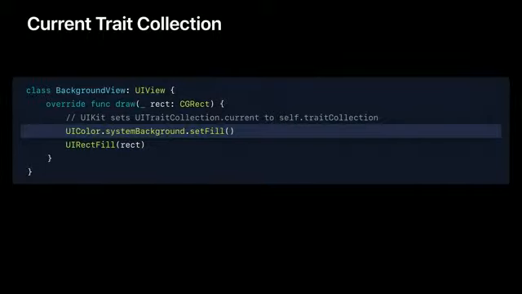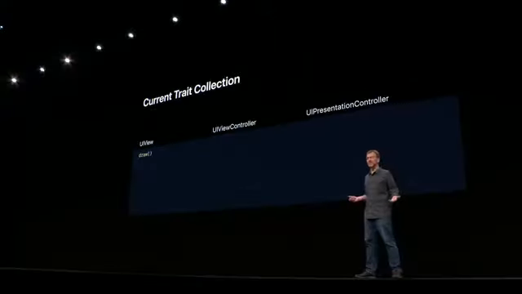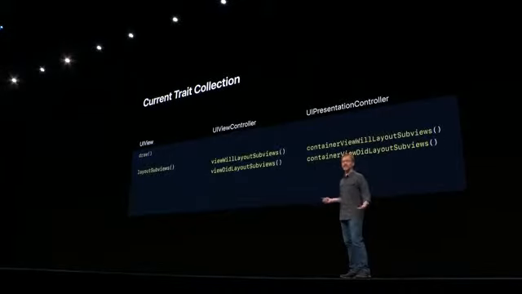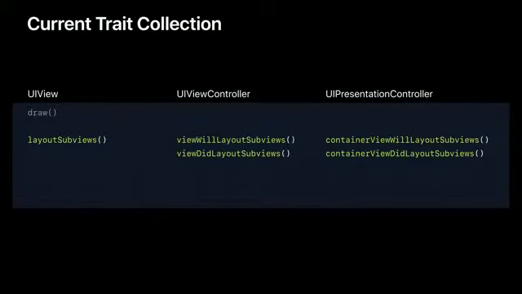UIKit also sets the current trait collection for you before it calls several other methods on subclasses of view, view controller, and presentation controller. We've explained draw, but UIKit also sets the current trait collection during layout. So override layoutSubviews in your view subclass, and then add code that resolves dynamic colors.